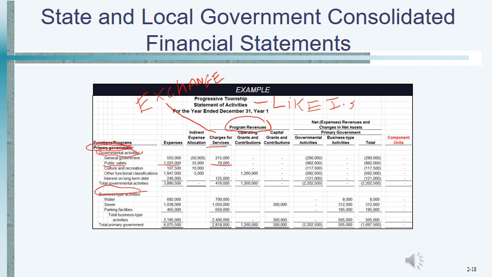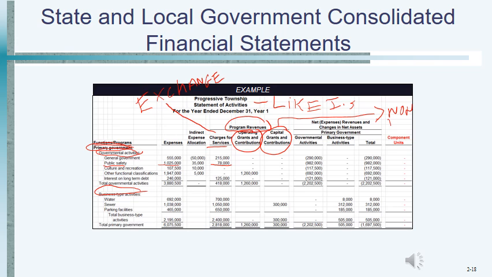So they also could have operating grants, capital grants. Now for these, I want you to go ahead and put off to the side somewhere that these are non-exchange.